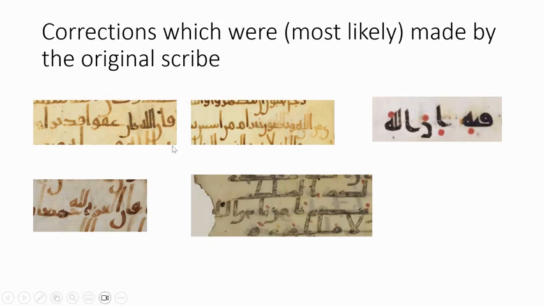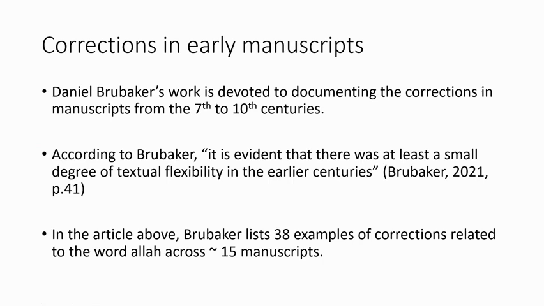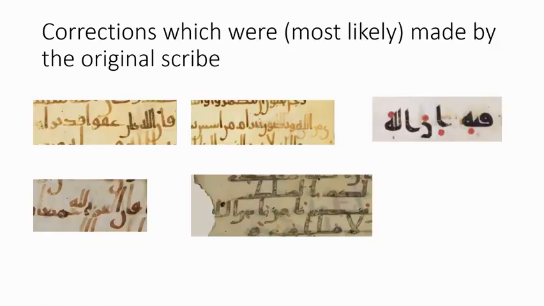I should have mentioned that whenever there are variations within a manuscript, you can usually find them corrected, and these corrections are made towards the standard text. Originally something different was written, and then a later corrector, or sometimes the original scribe himself, changed it to the standard text.